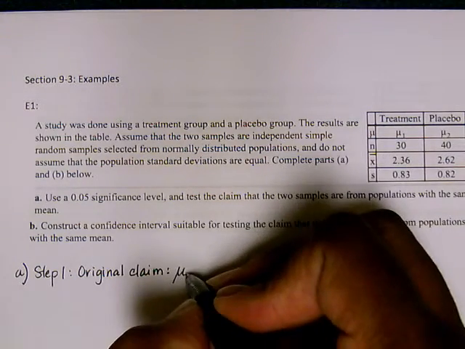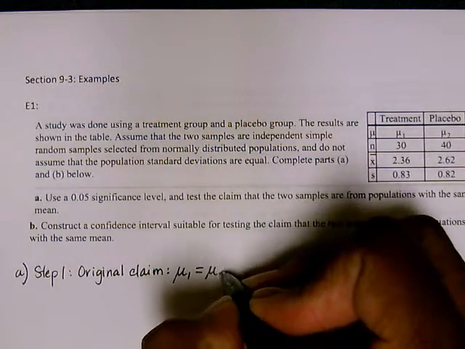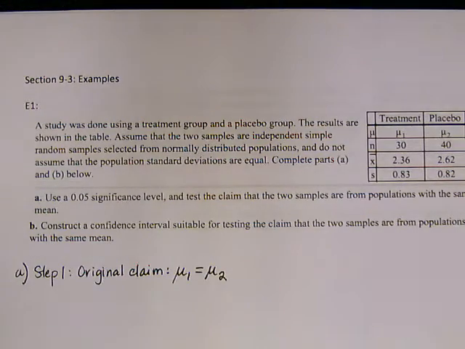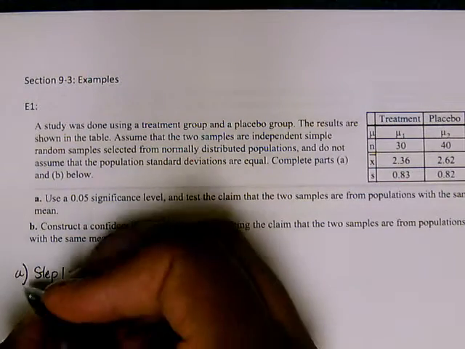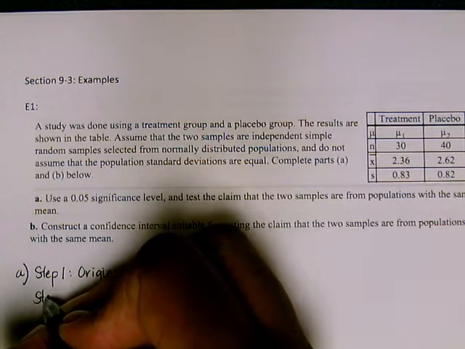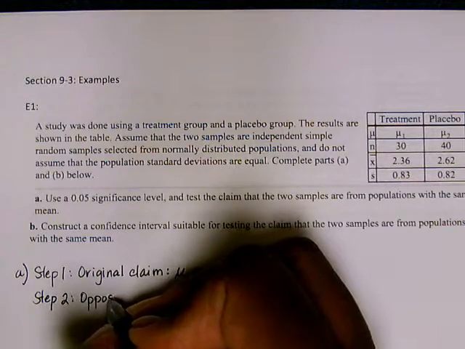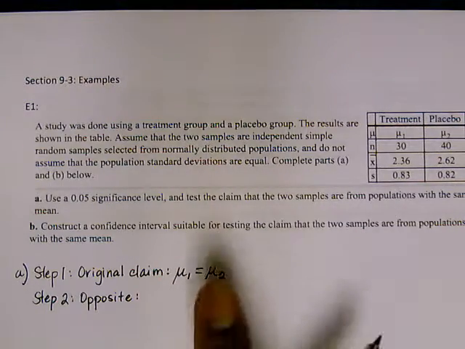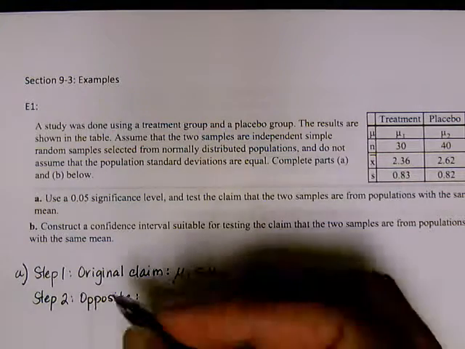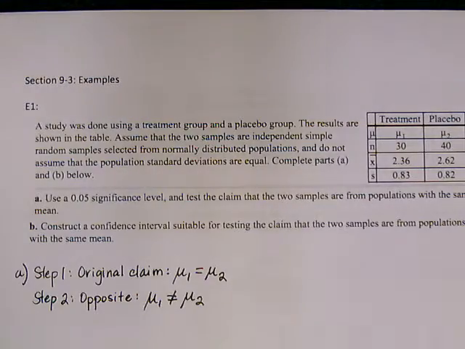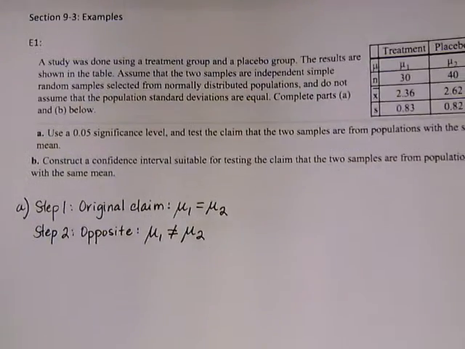So mu1 equals mu2. That's how we write that original claim in symbolic form. Step number 2 is writing the opposite of the original claim. Well, if we have mu1 equaling mu2, then the opposite of this statement will have to be mu1 is not equal to mu2. Okay. So that's the opposite of the original claim.